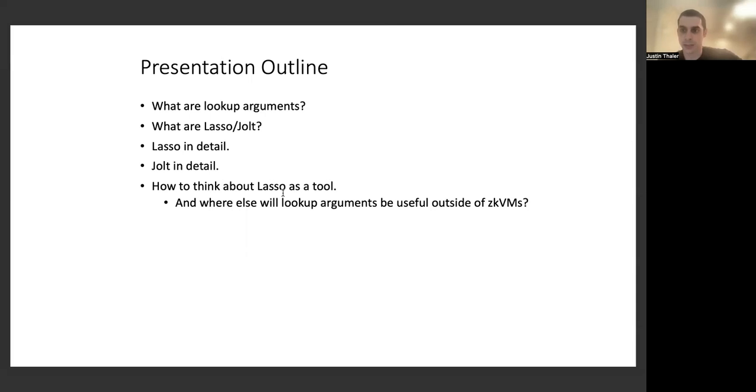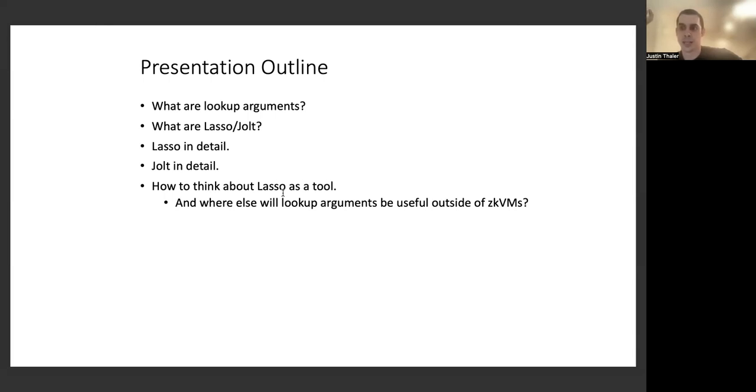Lasso is a key technical component of Jolt, but it is not the only way to build on Lasso. So I'll describe at the end how I think Lasso should be viewed as a tool that exists independently of something like Jolt, can be used in other ways, and speculate on how else Lasso might find applications in the future. And as we'll see, there's a lot in Lasso that's really not specific to Lasso.